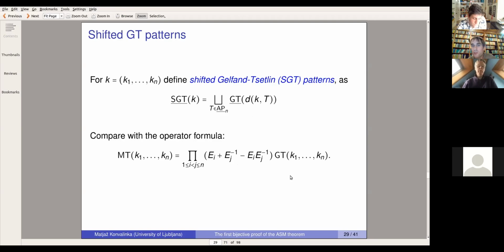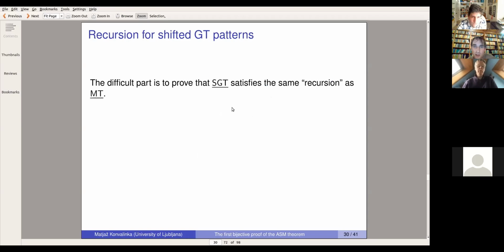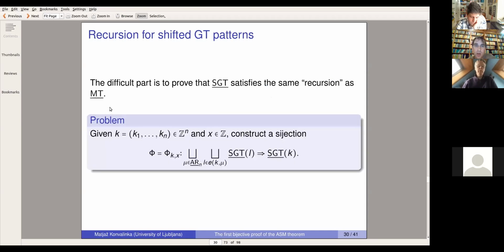So you see, this right-hand side is precisely enumerated by this SGT. And the difficult part is to prove that SGT satisfies the same recursion as MT. So this is by far the most difficult problem in our first paper.